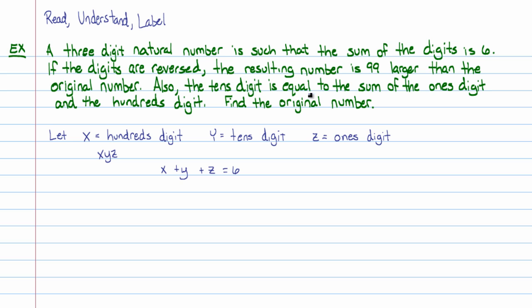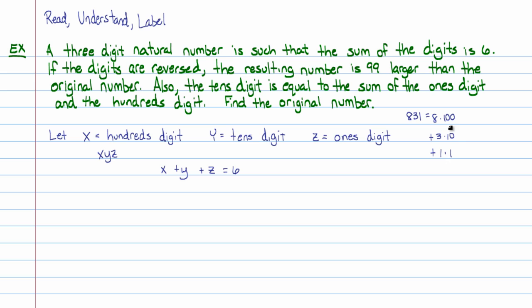If the digits are reversed, the resulting number is 99 larger than the original number. Here's where it's going to get kind of tricky, because if you look at this number XYZ, it looks like it's X times Y times Z. These are not multiplications. If you look at a number like 831, that's really 8 times 100 plus 3 times 10 plus 1 times 1.